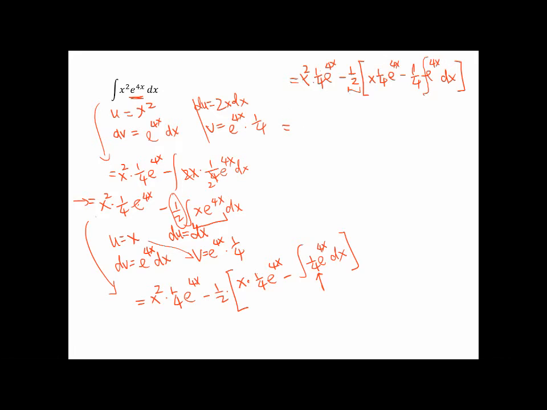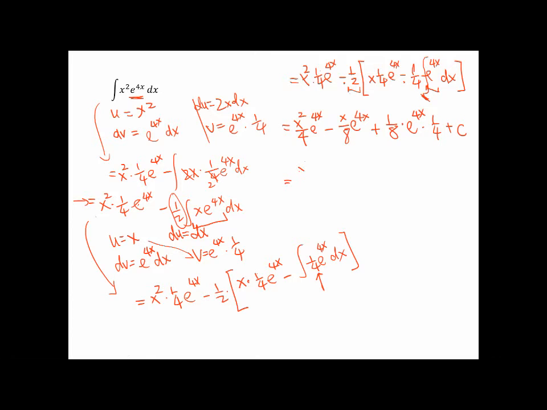So equals x squared over 4 e to the 4x, minus, I multiply this in, right, x over 8, put the x on top, 1/2 by 1/4 e to the 4x, plus, minus 1/8, this part, e to the 4x by 1/4. So I'm getting rid of this integral, and then finally plus c.